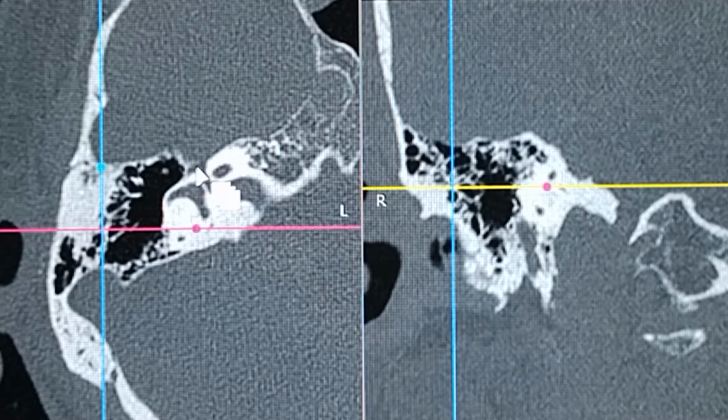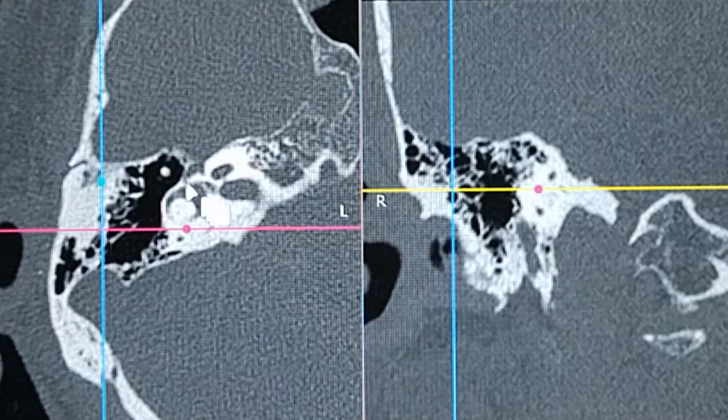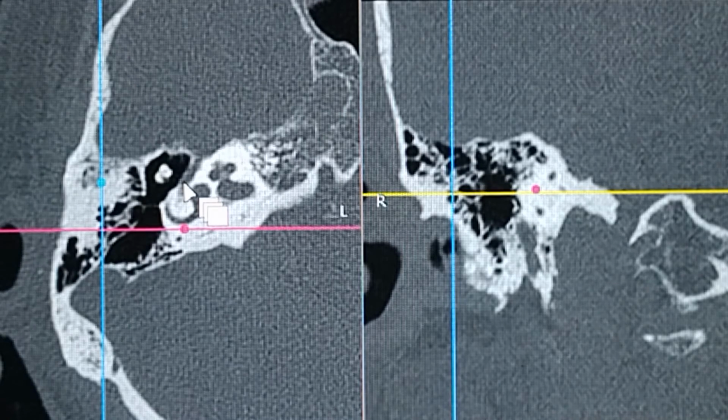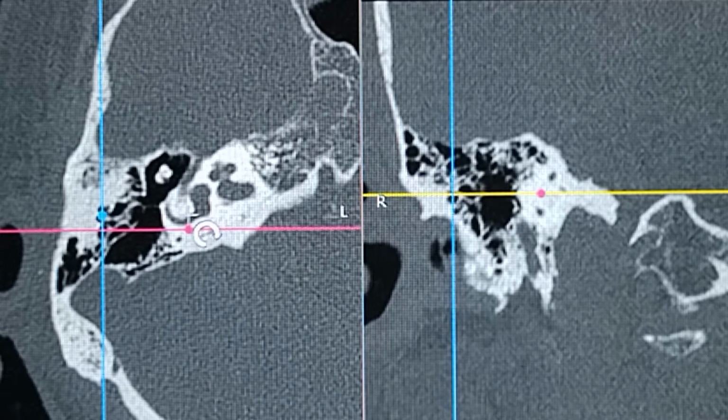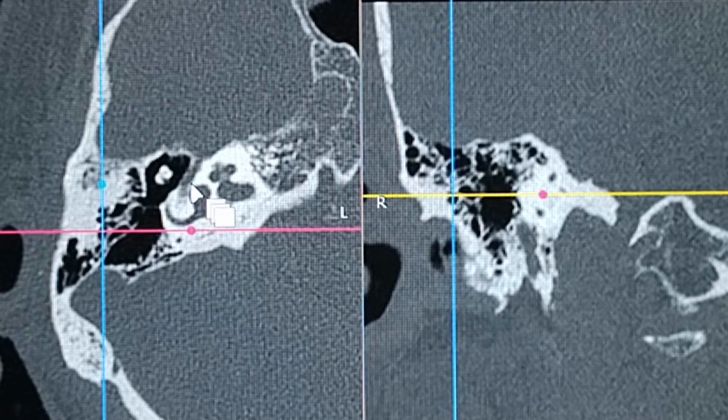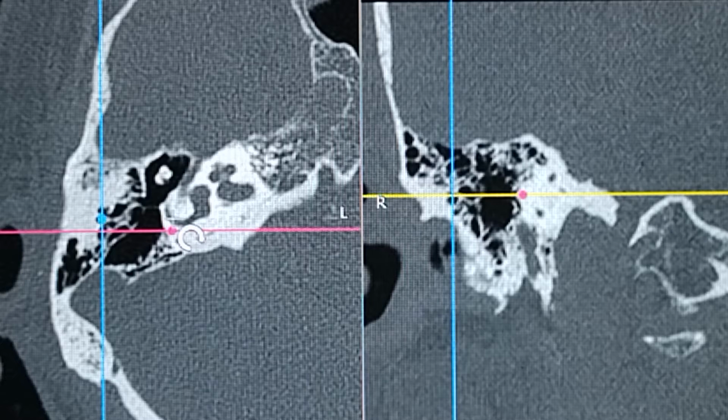That is basically the first geniculate ganglion of the facial nerve, and then it becomes the tympanic segment. You can see the tympanic segment going under the surface of the lateral semicircular canal. I'm going to show you that again and again, how the facial nerve travels under the lateral semicircular canal. That's the lateral canal right there, and that's the tympanic segment of the facial nerve.